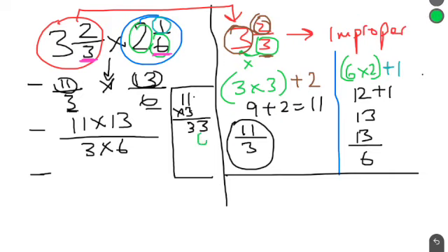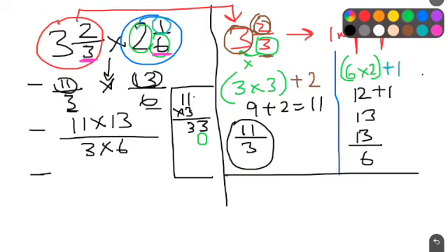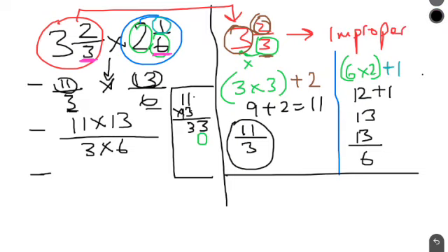We add a 0 just for spacing, and then we say 1 times 1, 1 times 1, then we add. The answer would be 3, 4, 1. So 143 over 18. Okay, so this would be the product of when we multiply two mixed numbers together.